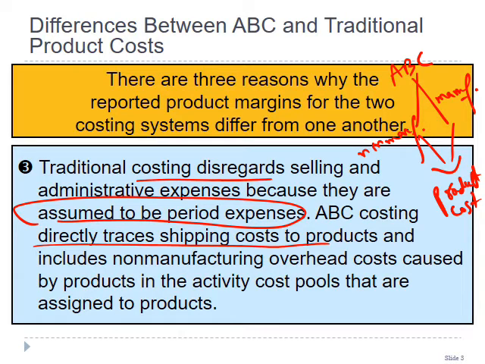So this is the proof here. Manufacturing costs include direct material, direct labor and manufacturing overhead. In ABC costing, the shipping cost is also included as a product cost, not a period cost. In traditional costing this is a period cost, right?